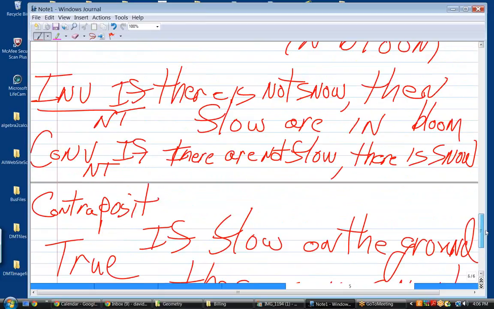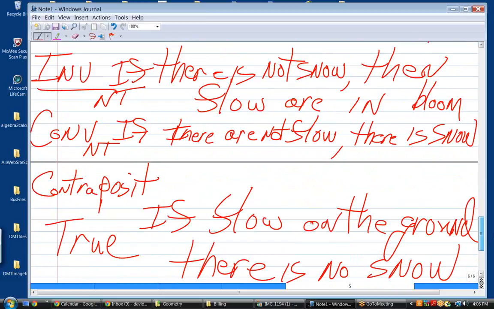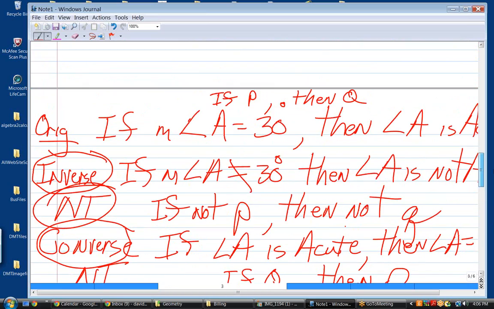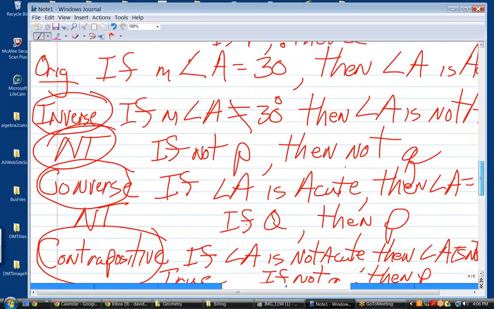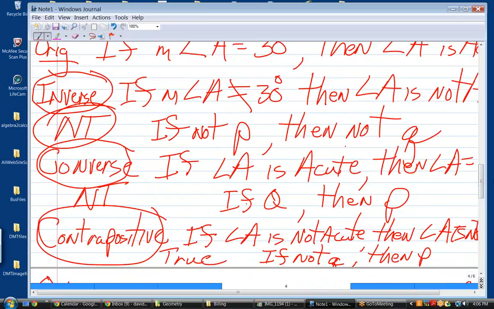So these things, the original, the inverse, the converse, and the contrapositive, memorize those. You can just memorize them relative to P and Q. It's just substituting a statement for P and another statement for Q. And it doesn't really matter what that statement is, and that statement can actually have a negative in it as well.